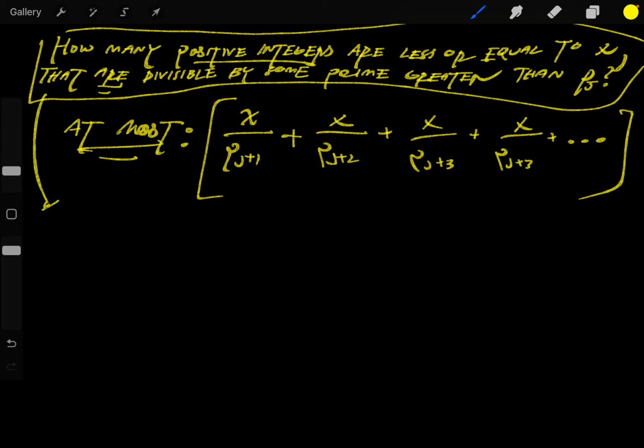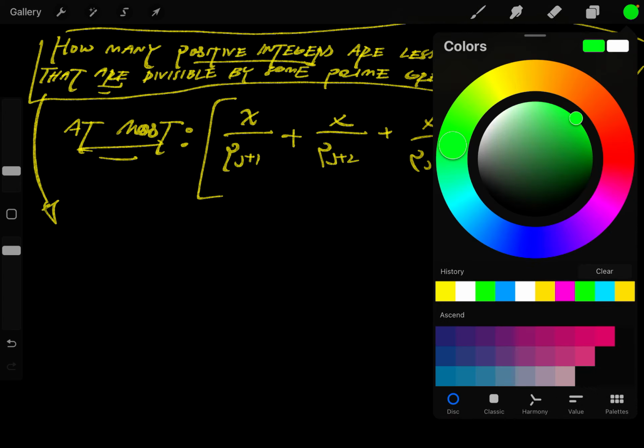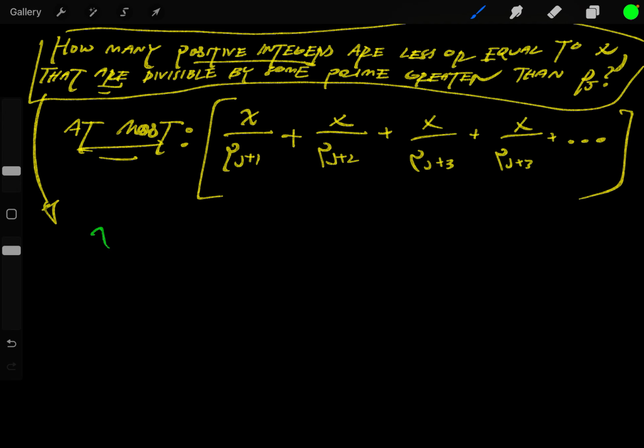Then what is this exactly in terms of our other function? Take your time with convincing yourself of this statement. This is x minus n sub j of x.